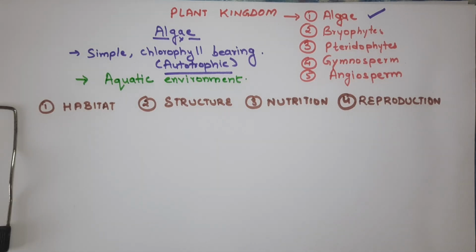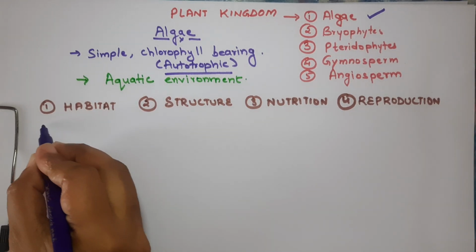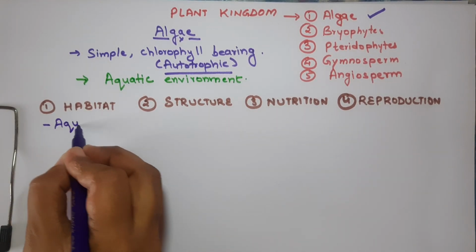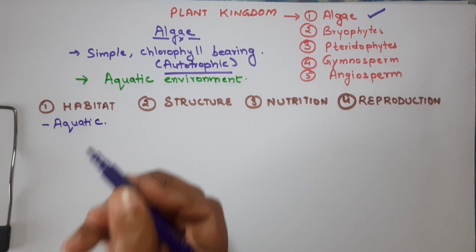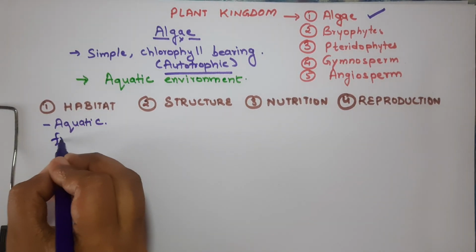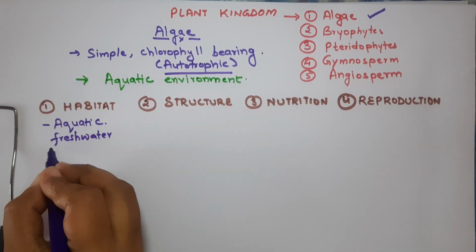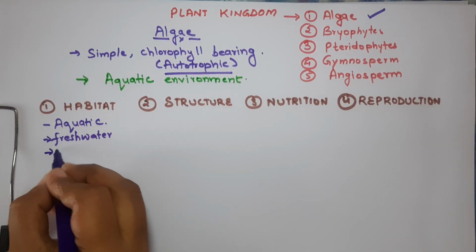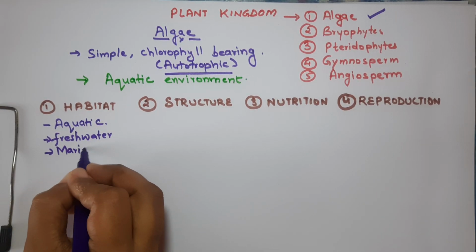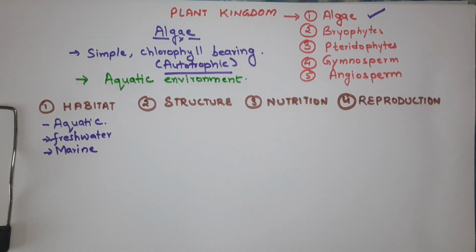As we already told you, it is found in the aquatic habitat. It can be found in fresh water and also in marine environments. Fresh water does not contain salts, whereas marine water contains salts.